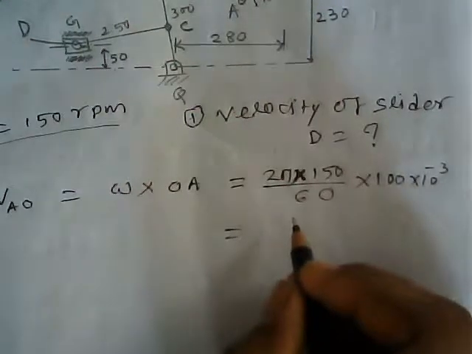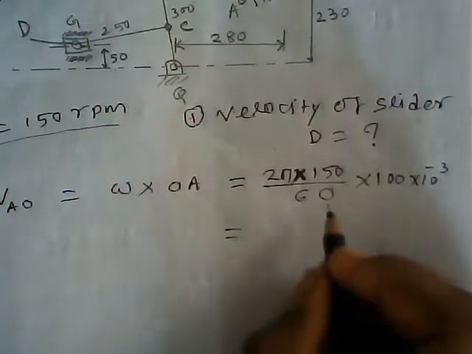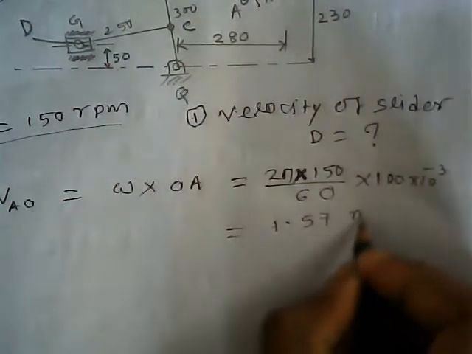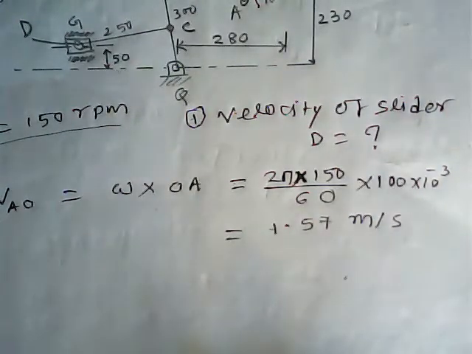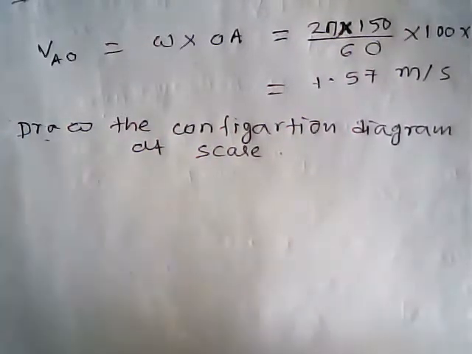So the velocity of point A with respect to O is 1.57 meter per second.